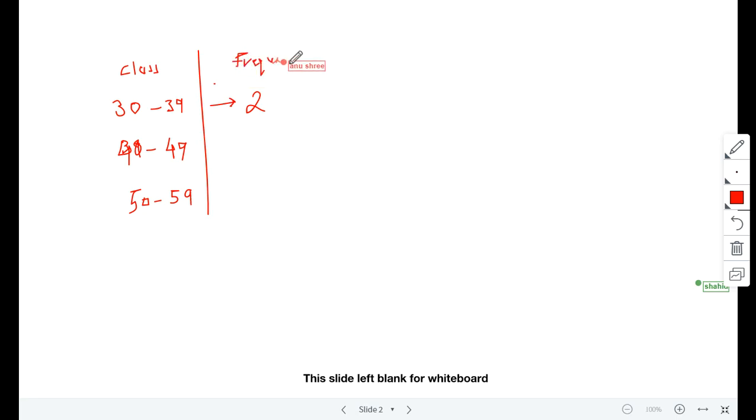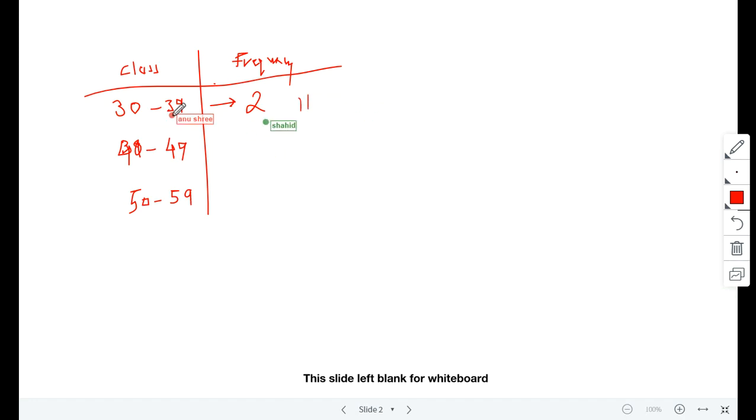So I just have to write class intervals of size 10, right? Size 10, and then here is the frequency. But for the frequency, I'm not quite sure, isn't it supposed to be in tally marks? Instead of writing 1, 2, I use tally marks. Do you know what I mean?